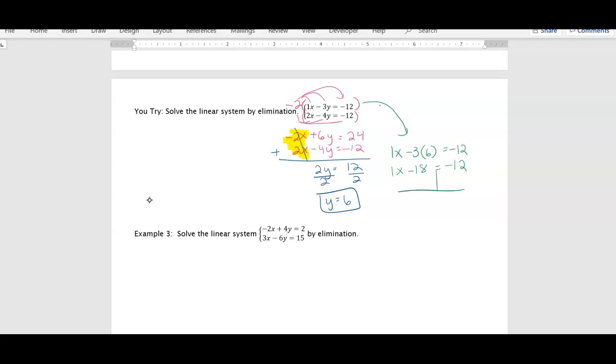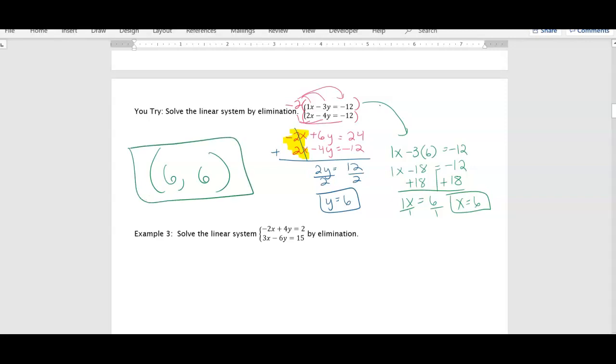I'm going to wall and floor it and add the 18 to both sides. So I have 1x equals negative 12 plus 18 is 6. And if you want to divide by 1, you can. Basically, x equals 6. So final answer, 6 and 6. Both x and y are the same.